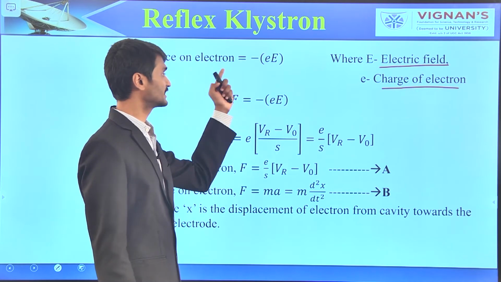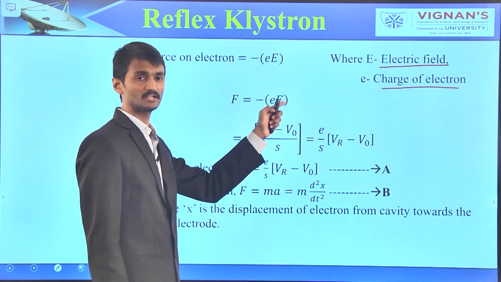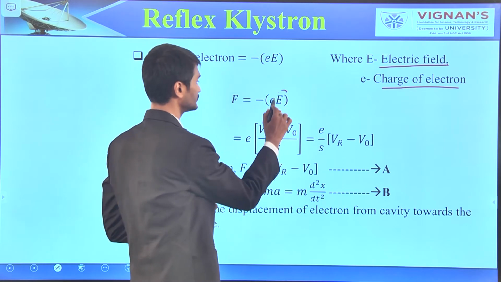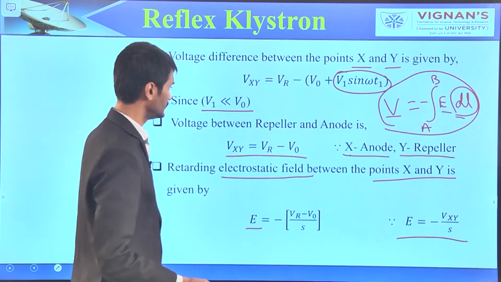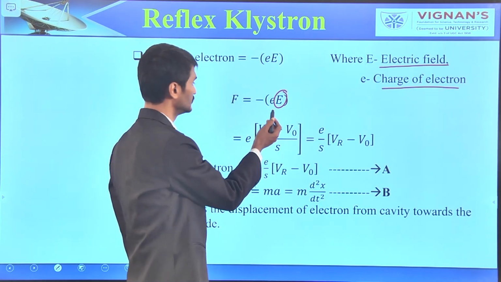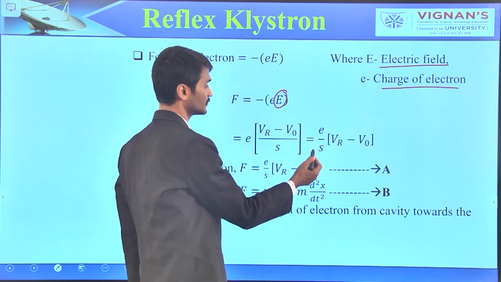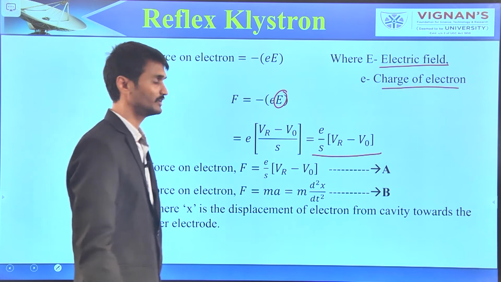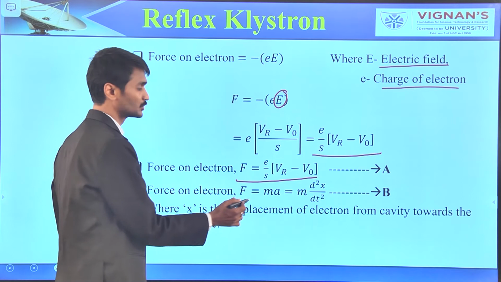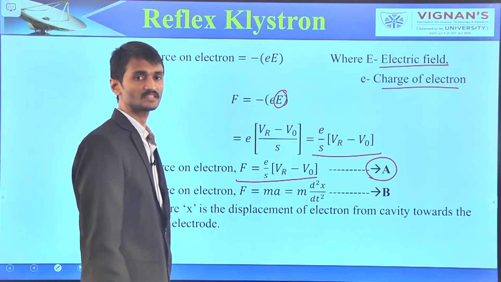Substituting E equals minus (Vr minus V naught) by S, the minus signs cancel, so F equals e by S into (Vr minus V naught). I am considering this as equation A.